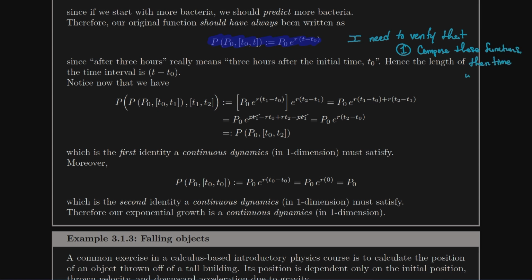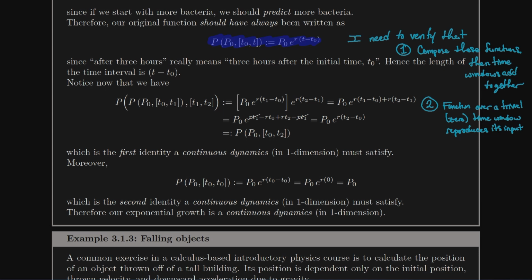Time windows add together. And secondarily, I have to show that the function over a trivial or 0 time window reproduces its input. Right? If I'm truly predicting the future, if I don't wait any amount of time, then I should be where I was already standing, or I should measure what I've already measured. So we got to satisfy those two things.